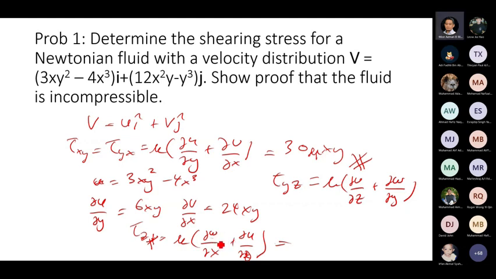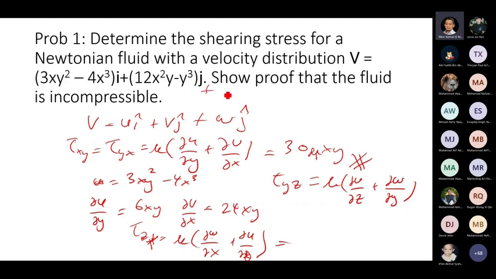So this is the derivative of the velocity in the z direction over the derivative with respect to x.